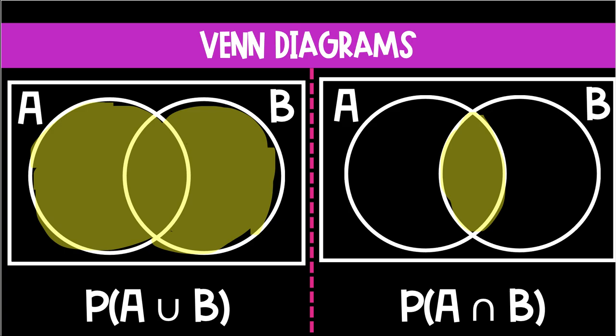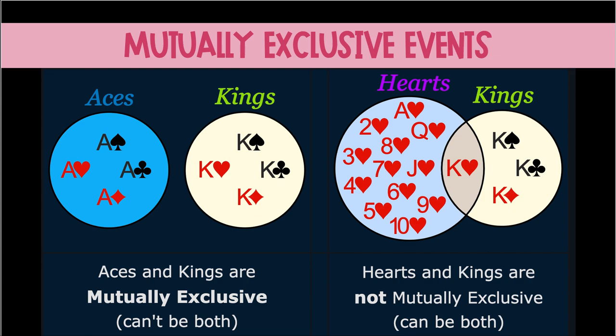Thinking about these Venn diagrams, I want you to picture mutually exclusive events. When you have mutually exclusive events, those circles do not overlap. You don't have an intersection for them, which is why our probability for mutually exclusive events happening at the same time is 0, because we cannot have them happening at the same time.